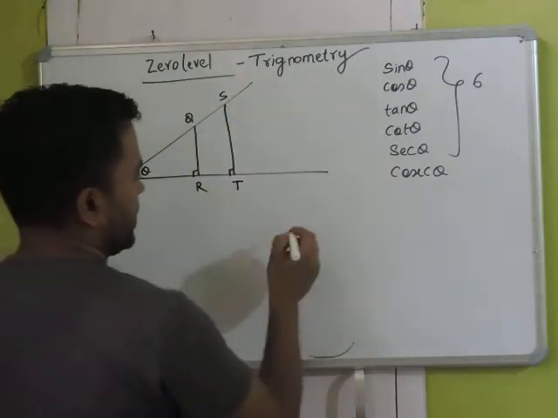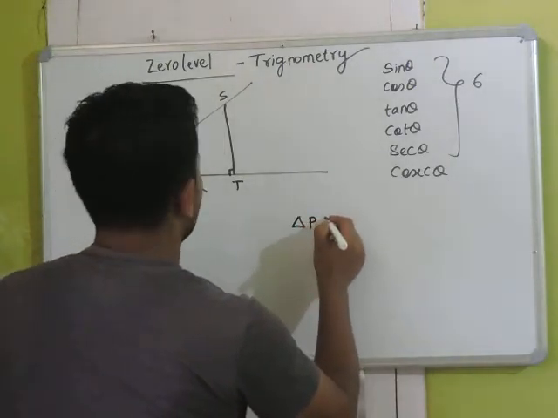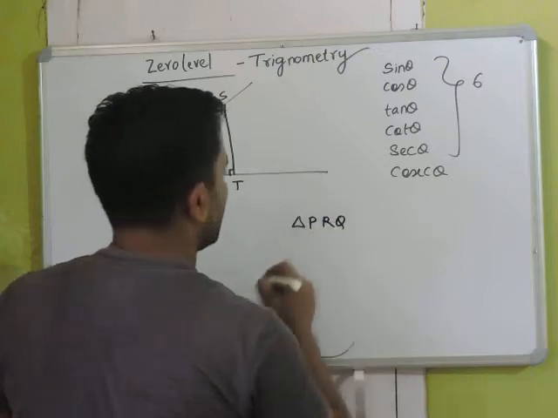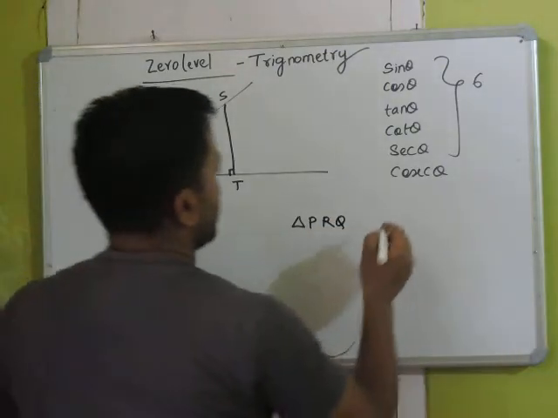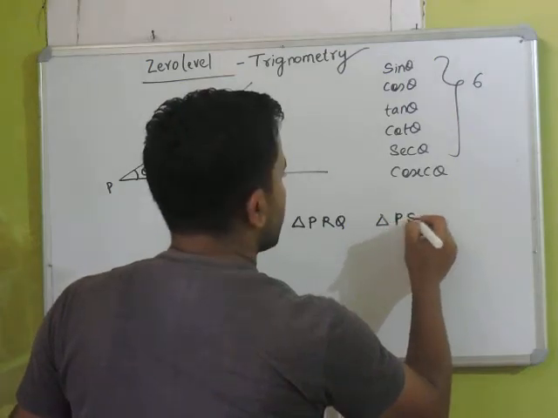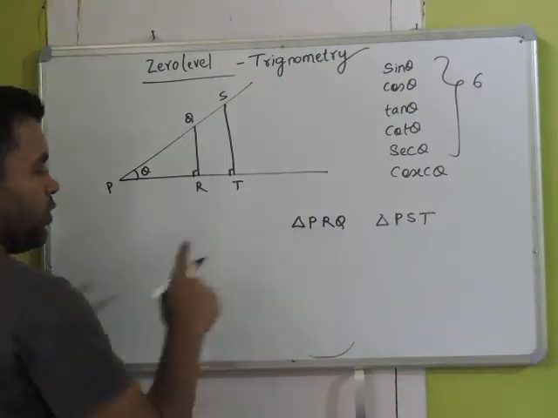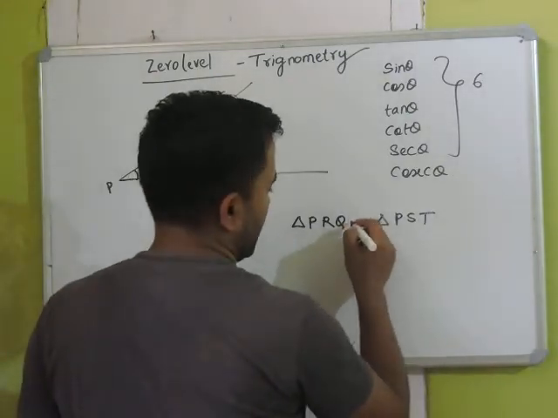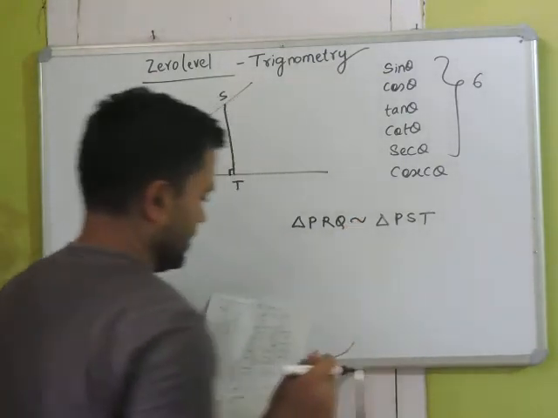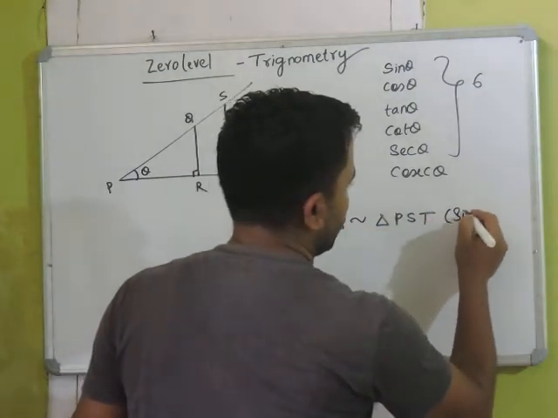Now if you concentrate on the triangle PRQ and triangle PST, one is a smaller triangle and one is a bigger triangle. If you compare them, you will conclude that they are similar. Okay, so they are similar triangles.